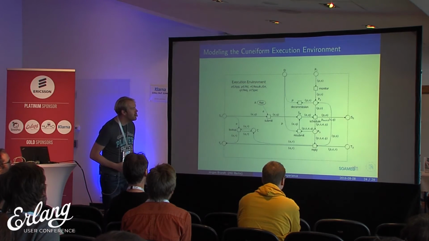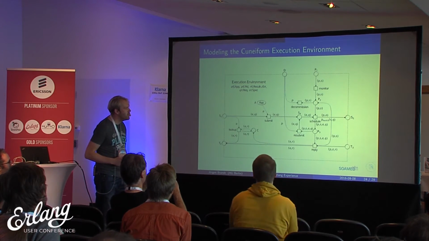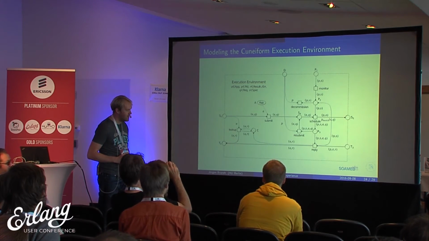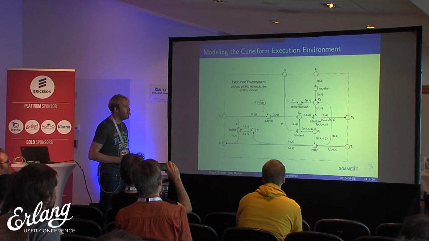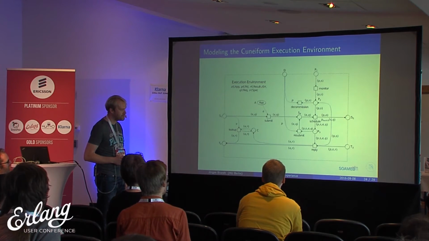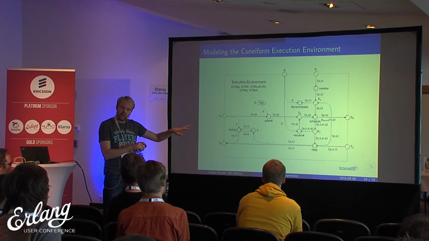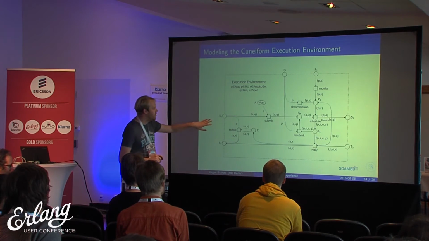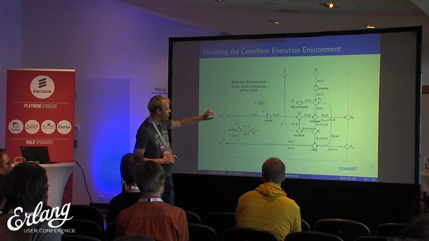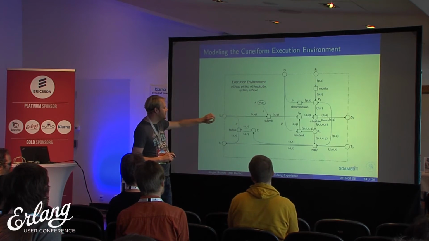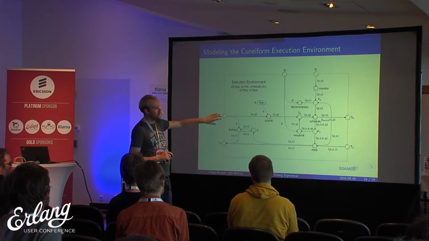And here I want to show you a Petri net model of the execution environment. I'm going a little bit into this. So when a function is applied, essentially the function application appears here.